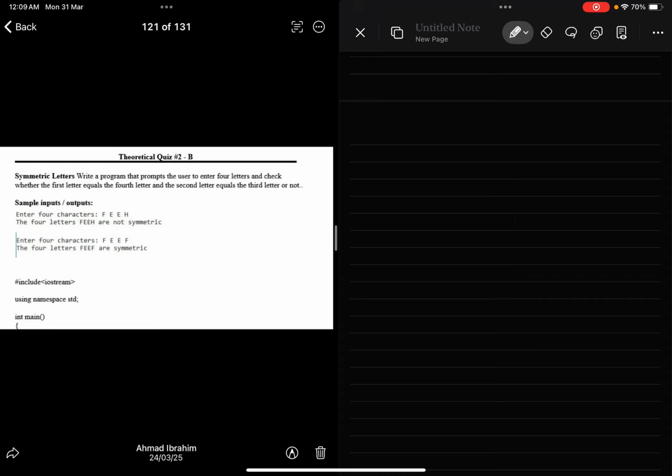FEEH are not symmetric because he wants the first letter, or let's say we have A and B and C and D. So you want A to equal D and B equal C. I mean A has to be the same letter as the last letter here.